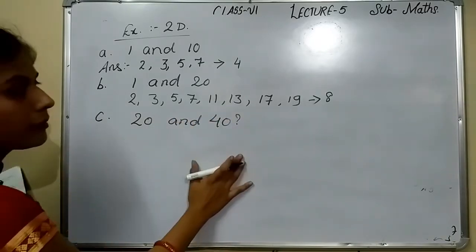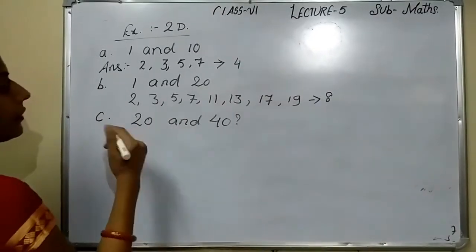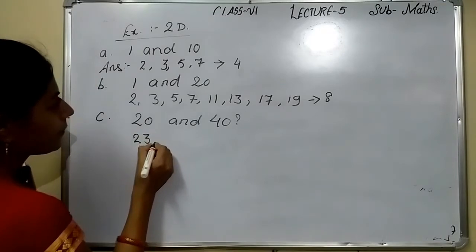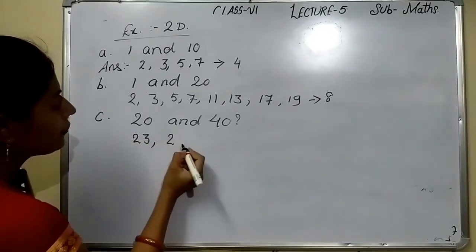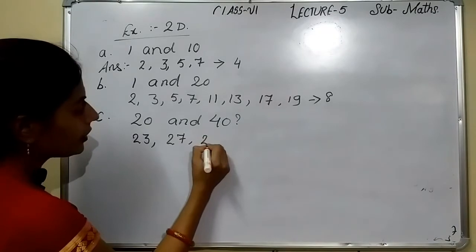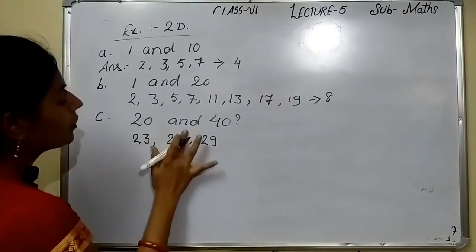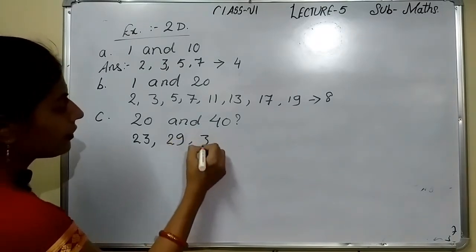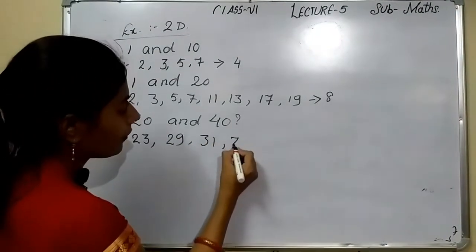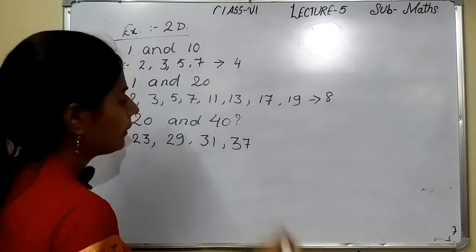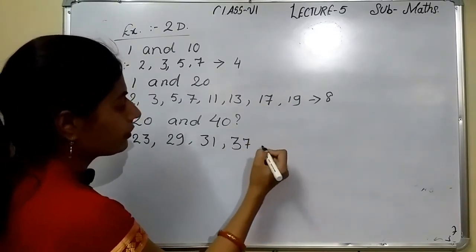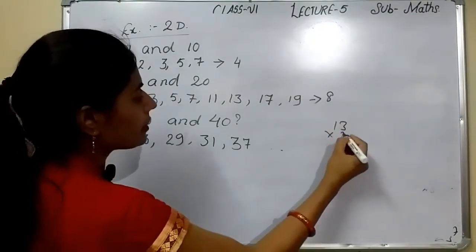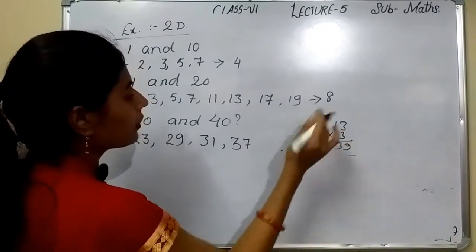How many exist in between 20 and 40? 23, 29, 31, 37. 27 is not there, and 39 comes in the 13 table. 13 3s are 39. Okay.